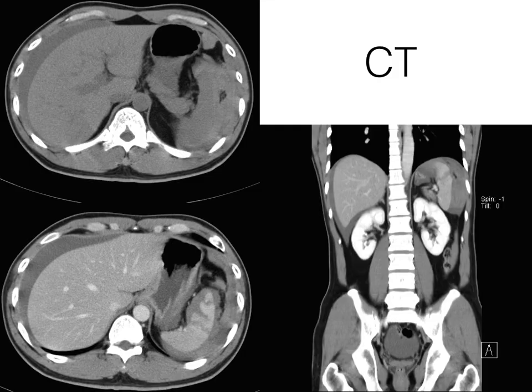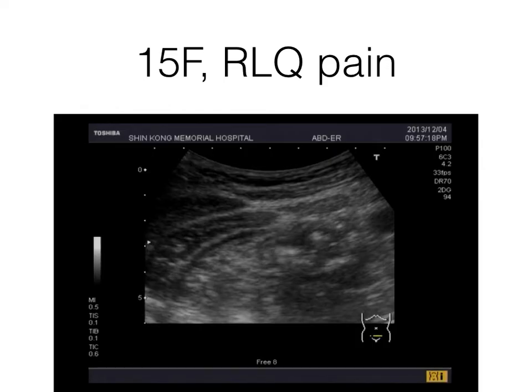So that's the splenic rupture here. And when we compare to the non-enhanced CT scan, we can see hyperdense clotting. After contrast enhancement, we can still see these structures.